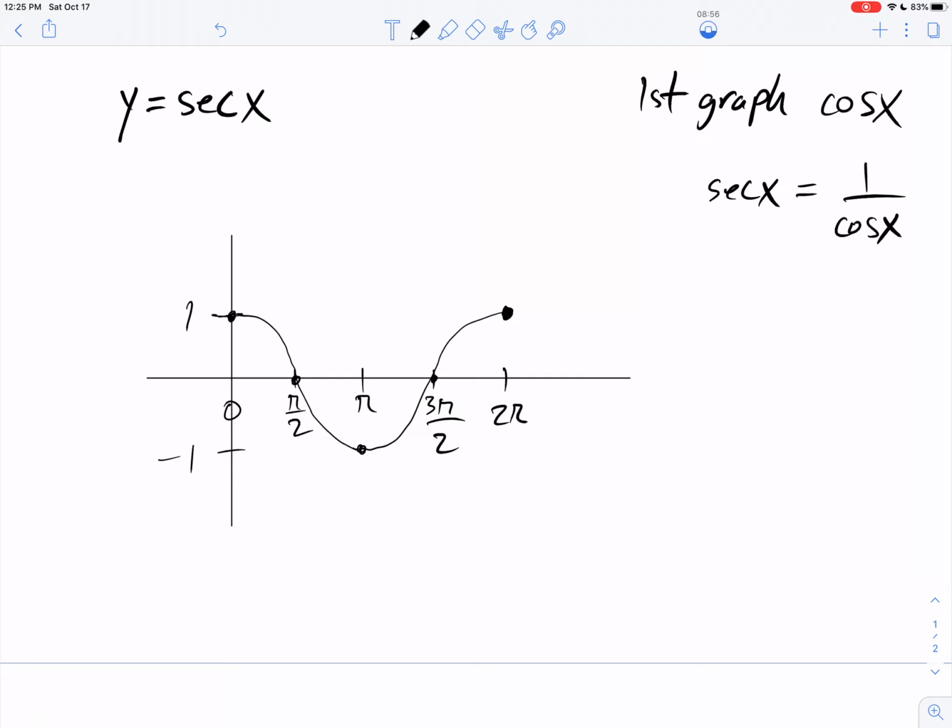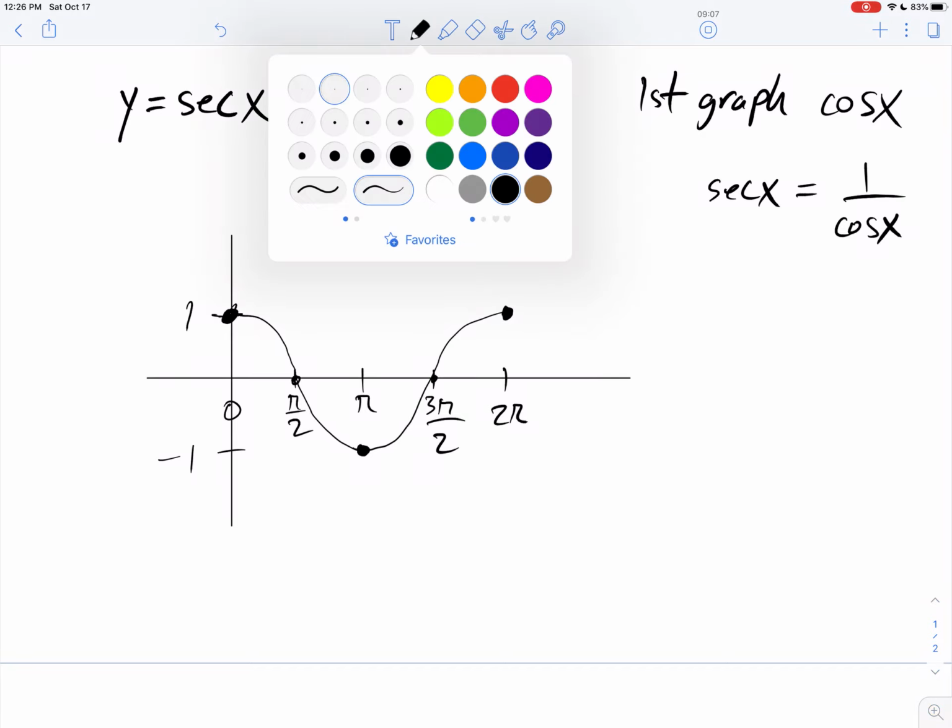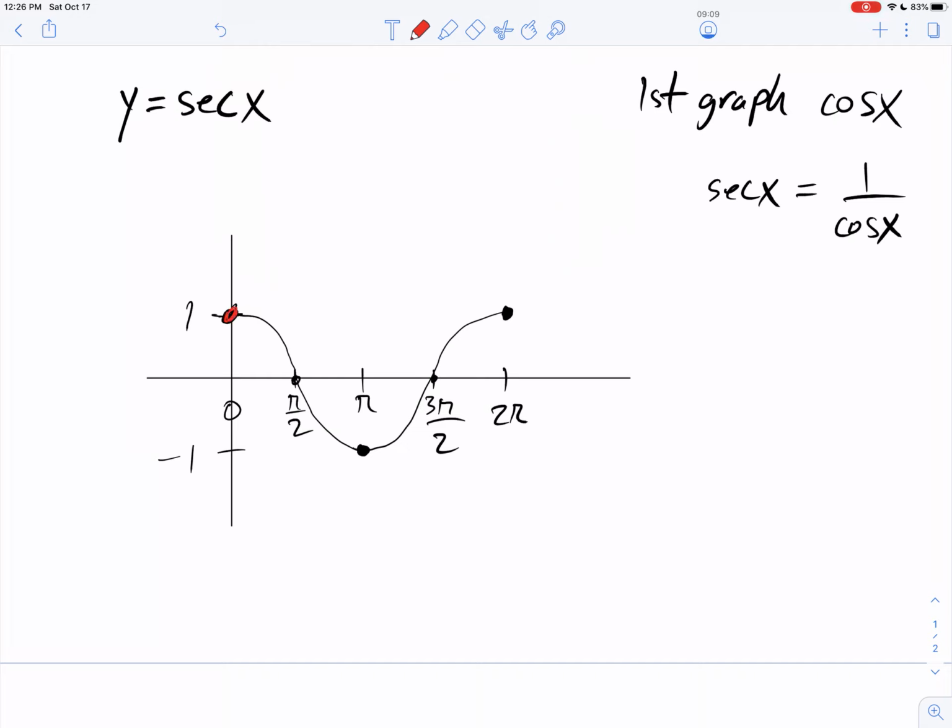So secant and cosine are the same there. Same thing goes with -1. So at these 3 darker locations that I just drew, and heck, I'll do them in red, at these 1, 2, 3 locations, secant and cosine are the same.